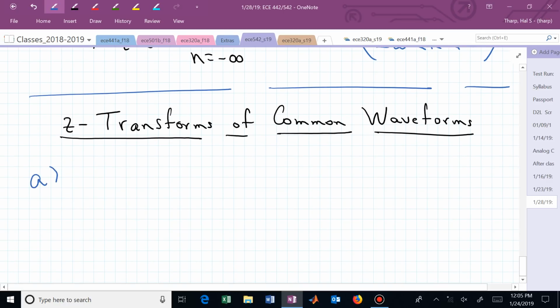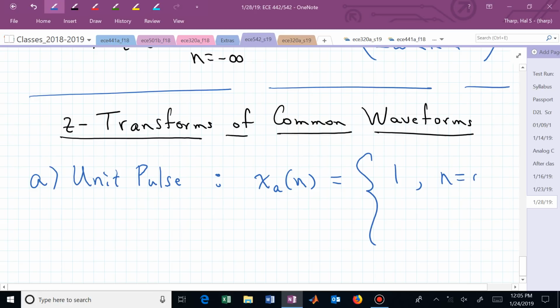And we'll just go through some of the standard waveforms. Let's look at a unit pulse. You might see this called different things at different times. I'm calling it the unit pulse, which means that it's 1 for n equal to 0.